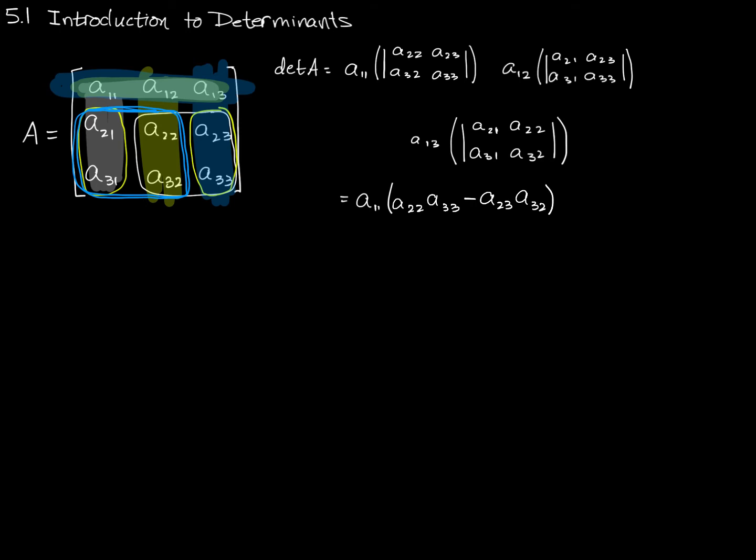I left it out on purpose initially, but I forgot to go back and add it back in. My first term is positive, my second term is negative, my third term is positive.